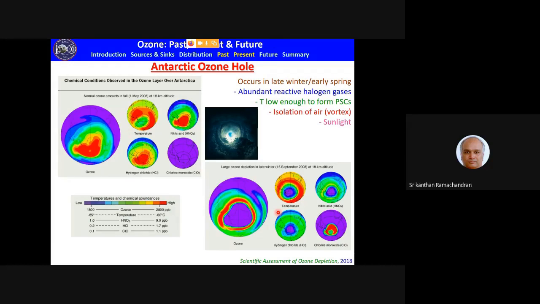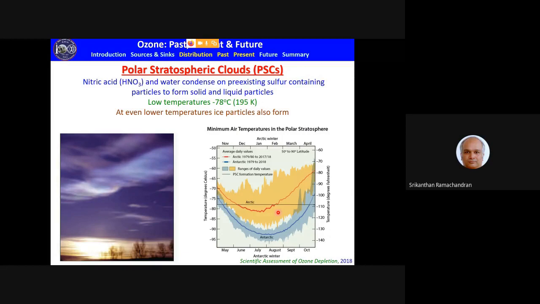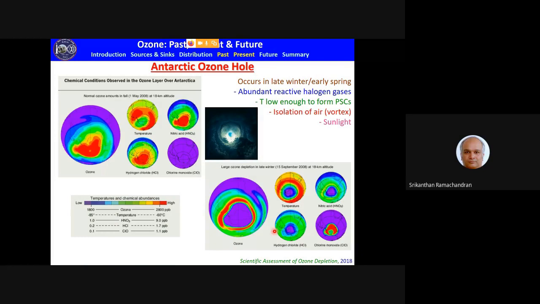So when does this ozone depletion occur? Here we see that the temperatures are lower during the Antarctic winter and spring. So it occurs in late winter and early spring, when the halogen gases are abundant and the temperatures, we know for sure, are low enough to form the polar stratospheric clouds. In addition, the air around the polar latitudes is isolated by a phenomenon called the polar vortex, wherein the reactive chlorine gases that are trapped here are not disturbed by any motions that occur around them.